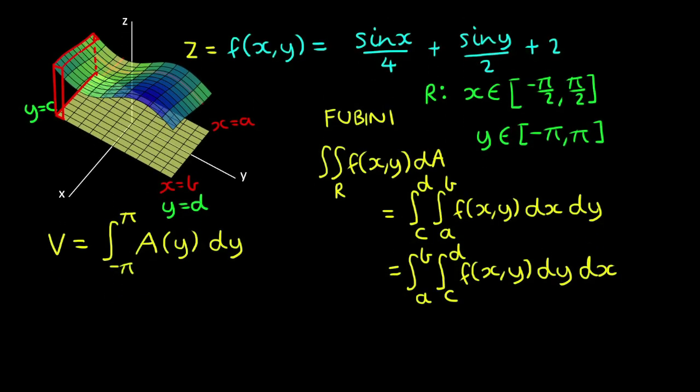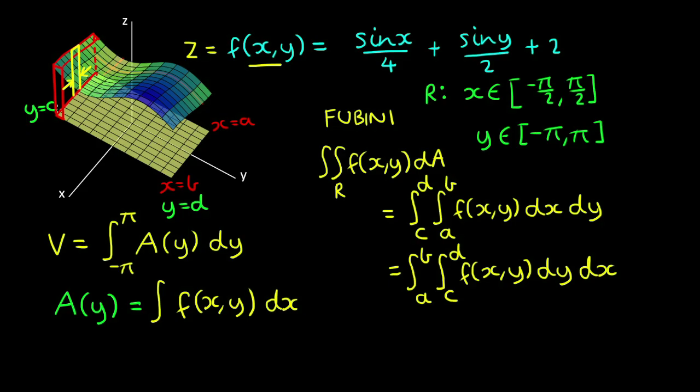And recall that the area of the cross-section can be evaluated by integrating over x. So we break this cross-section up into infinitesimally thin rectangles with a thickness of dx along the x direction, and multiplying this infinitesimal thickness of the rectangle by the height of the rectangle, which is given by this function, and integrating this from x equals a to b.